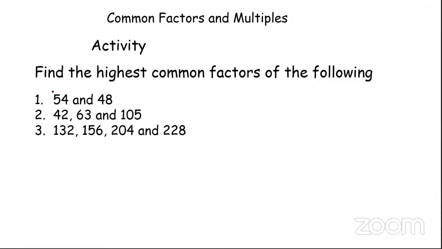So number 1, 54 and 48. So let us give ourselves a maximum of 2 minutes to do number 1. And after we raise up our hands and give our answers.